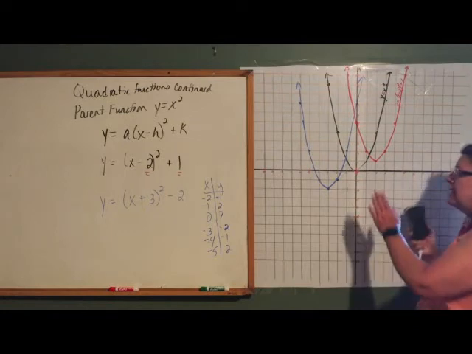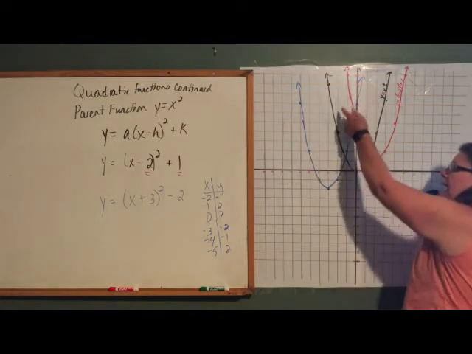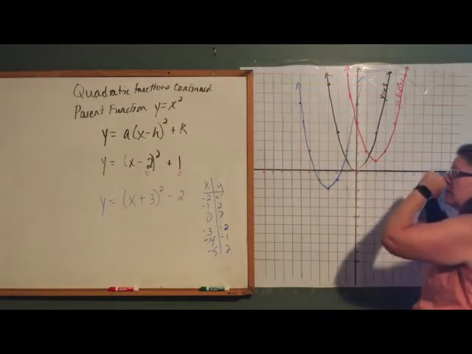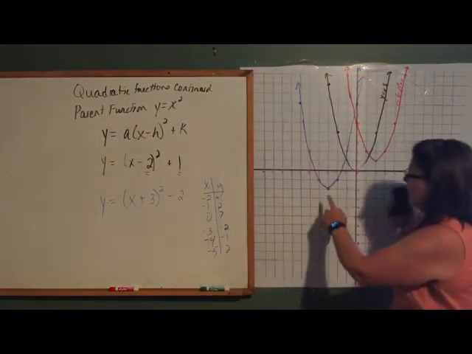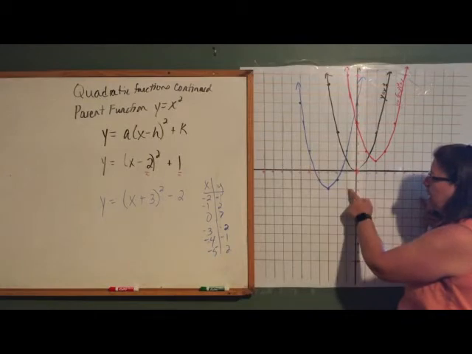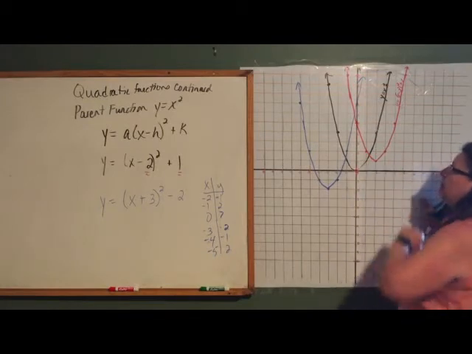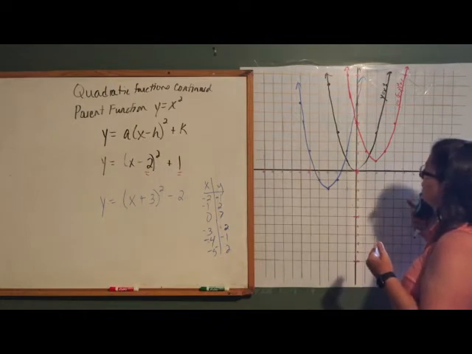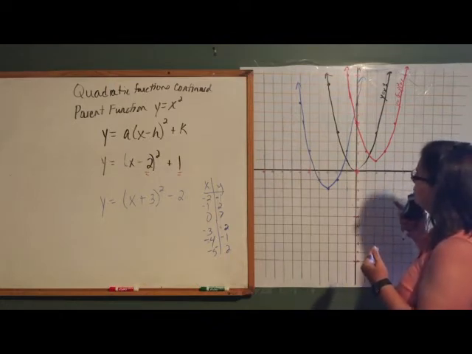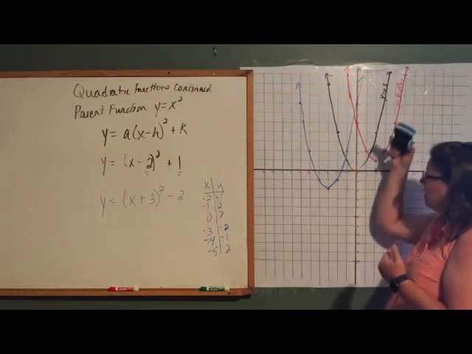Now look at it. It is the same width as this one, so it's not any thicker, which tells me a is 1, right? From our vertex, we go right 1 up 1, right 2 up 4, right 3 up 9. So you can see that we still have the same basic shape as the parent function.